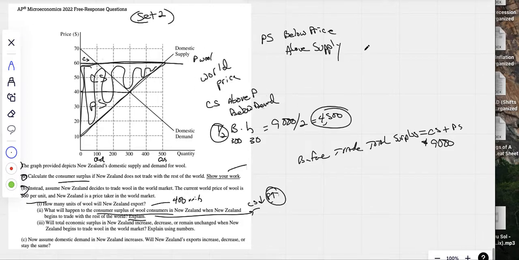So our consumer surplus here is 10 and 100. 10 times 100, oops, that wasn't 1,000, it would have been 500, right? That was our consumer surplus.